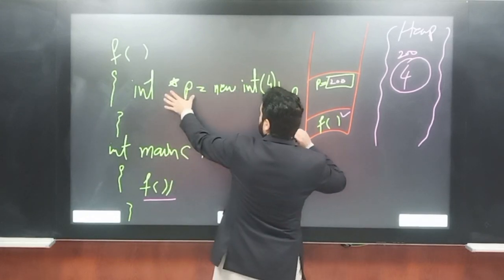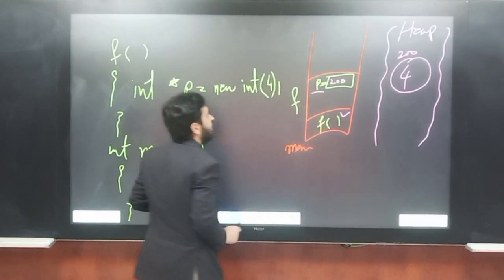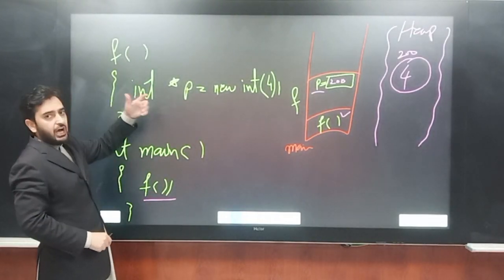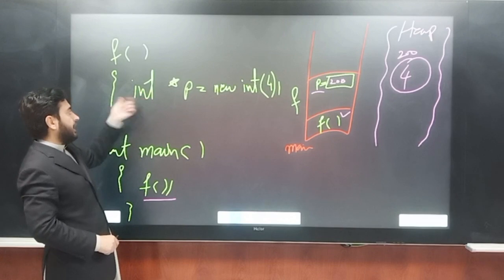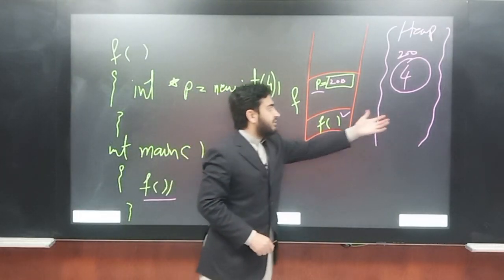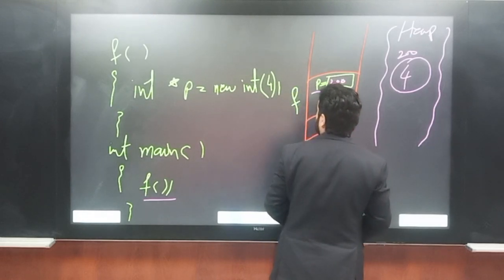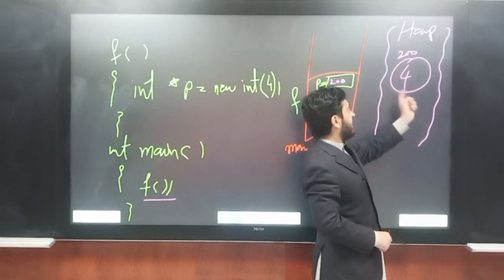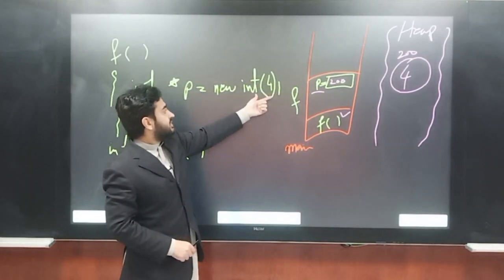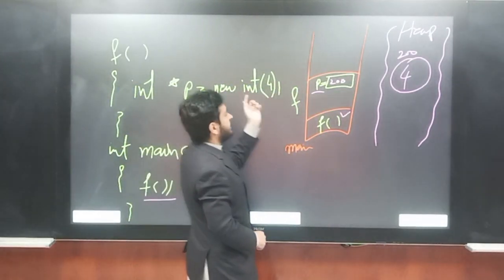In the user defined function you can see we have declared a pointer P, and that P will save an address of any object of type integer. So we are creating a new object of type integer inside the heap because we have written the new keyword. So in this way we are creating a new object inside the heap, not in the stack, and we are also initializing the value 4 in that object.